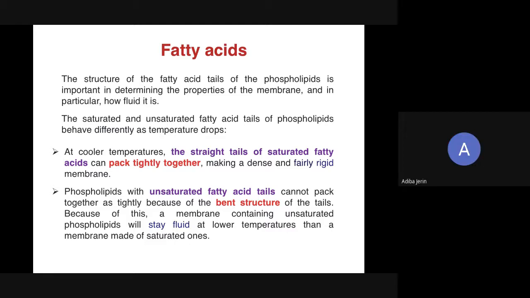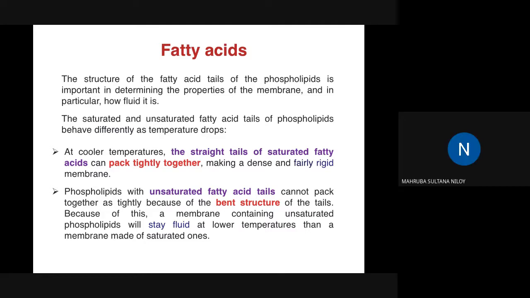Yes, sir. And unsaturated fatty acids are in bent form, right? Yes, sir. So this bent form actually helps to maintain the fluidity, okay. So if there is more unsaturated fatty acid, then the membrane will become more fluid. Is it clear? Yes, sir.